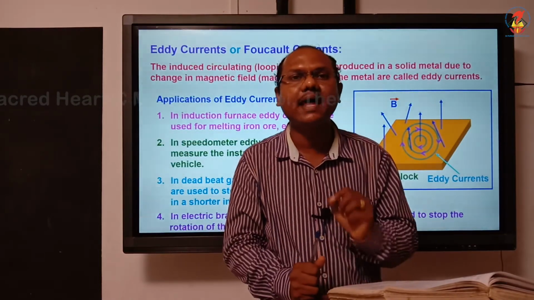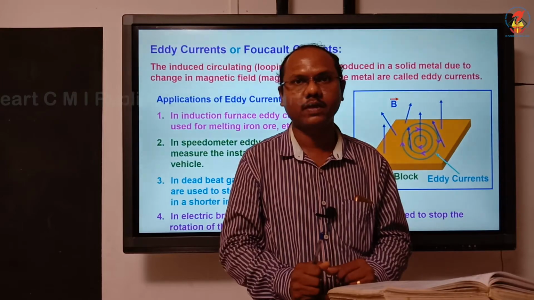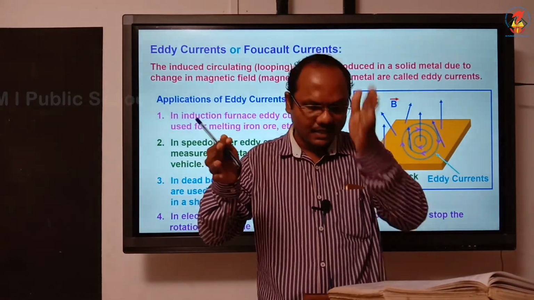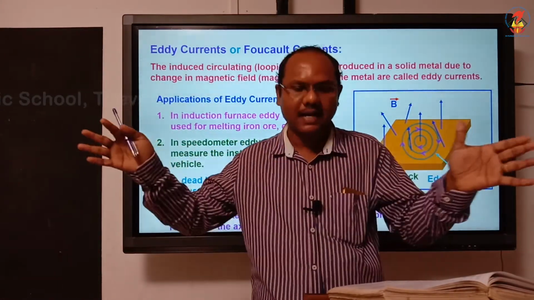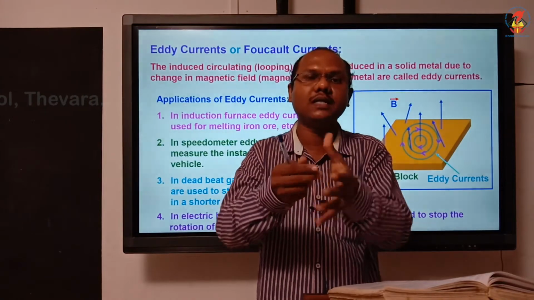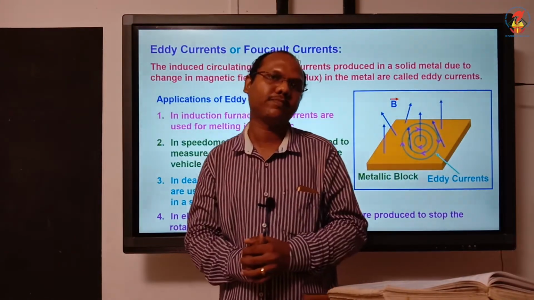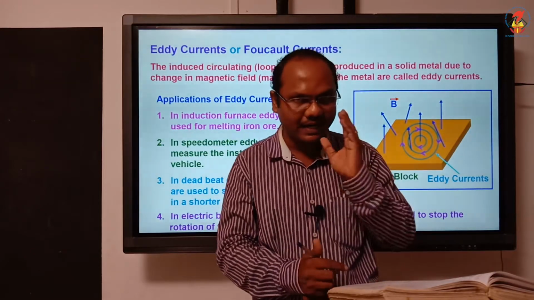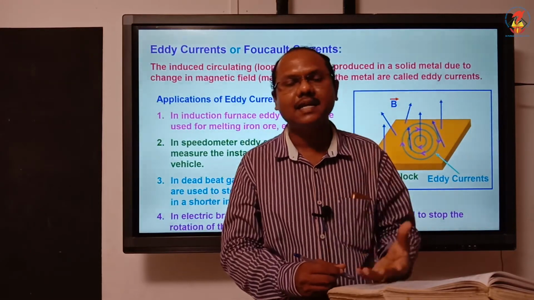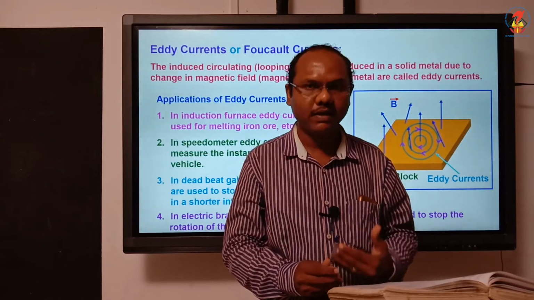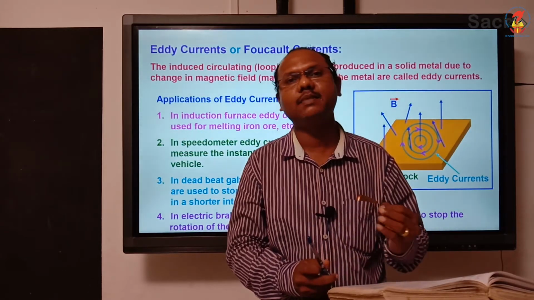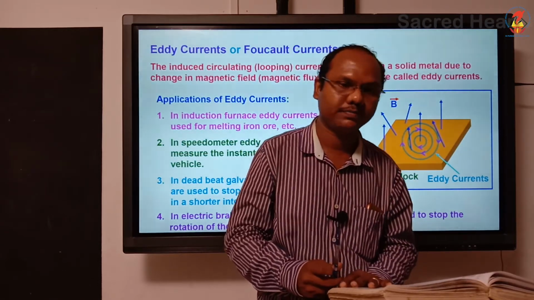That is called laminated iron core. Like you are taking a full bread and cutting the bread into pieces and then keeping all the pieces together to get the full bread. That is the same way we are doing here. Okay. So eddy current is undesirable. So we have to minimize the eddy current. It is minimized by using laminated iron core.